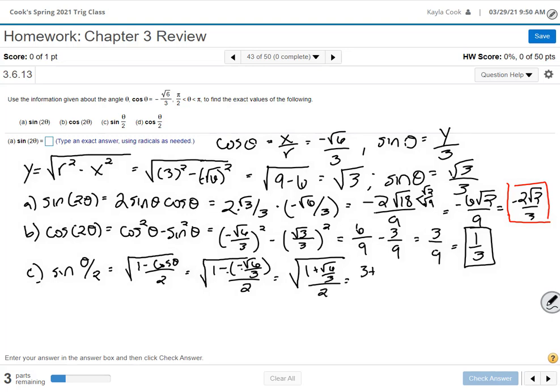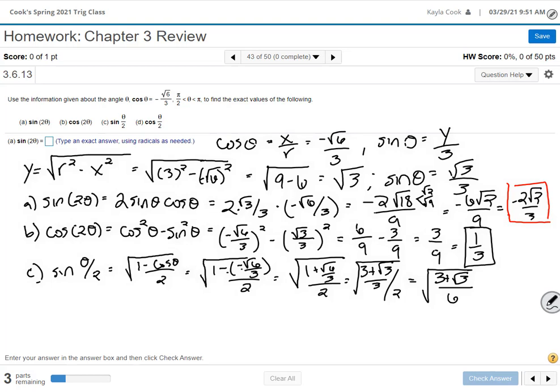All right, which is 3 plus root 3 divided by 3 over 2. All right, which is the square root of 3 plus root 3 over 6. And I can't really simplify that. I know it's tempting, but I need to have a common factor in both terms of my numerator with the denominator, so I can't really change that.